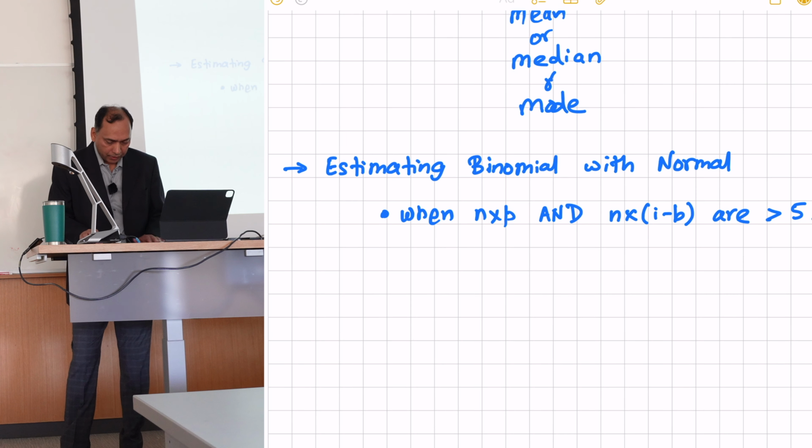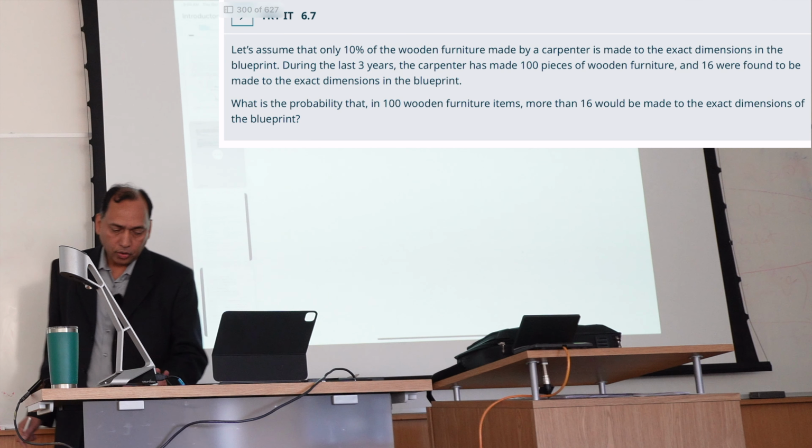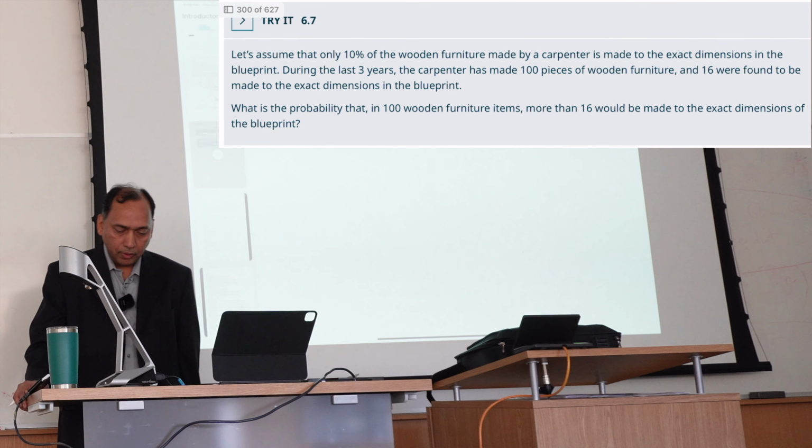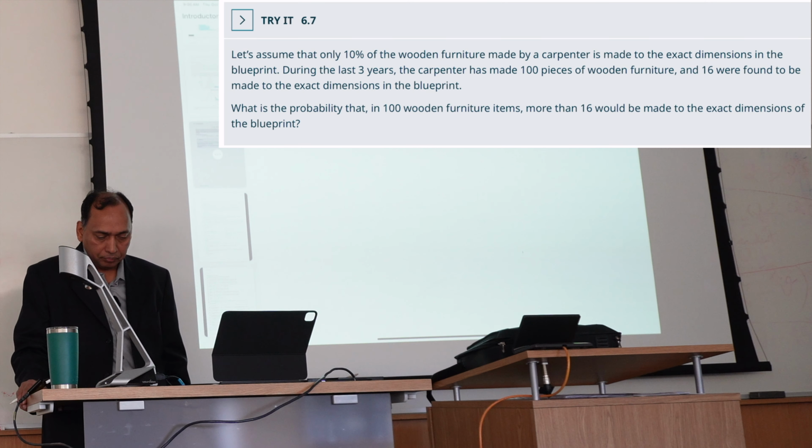So if you look at one of the situations like this, with Try It 6.7. Let's assume that only 10% of the wooden furniture made by a carpenter is made to exact dimensions.